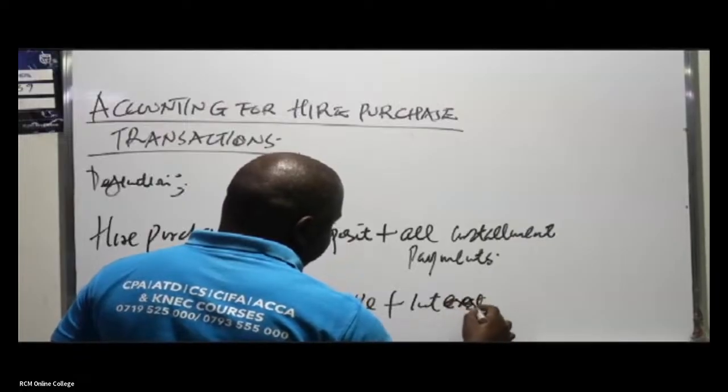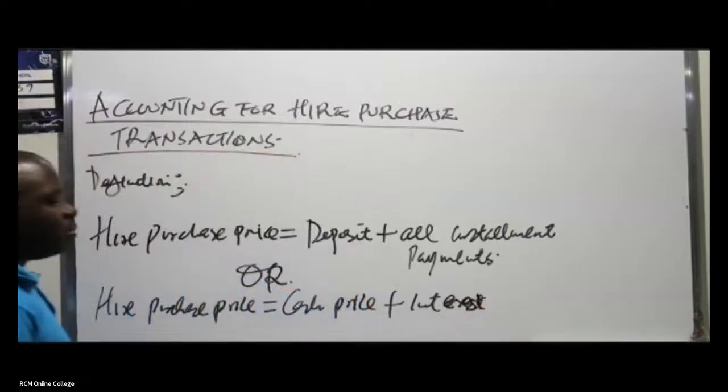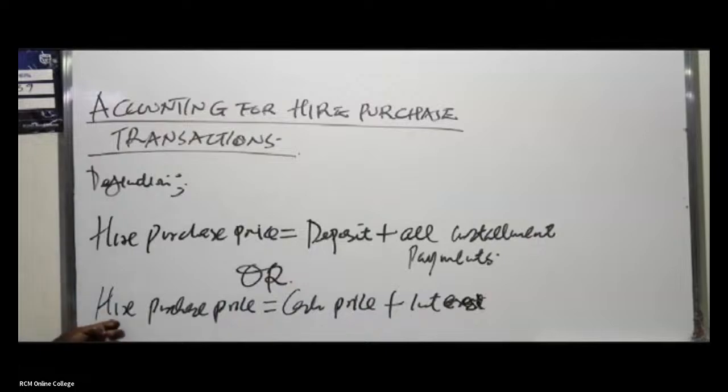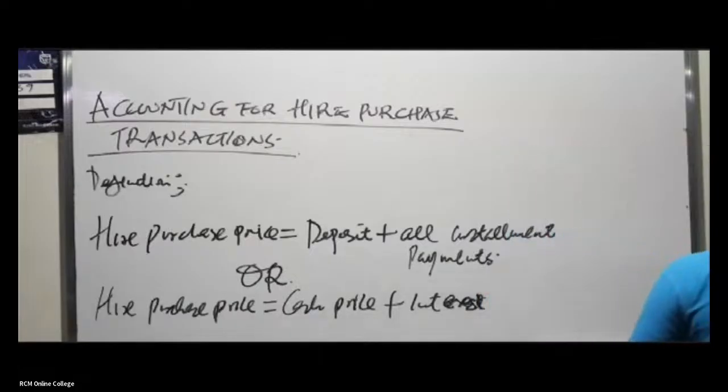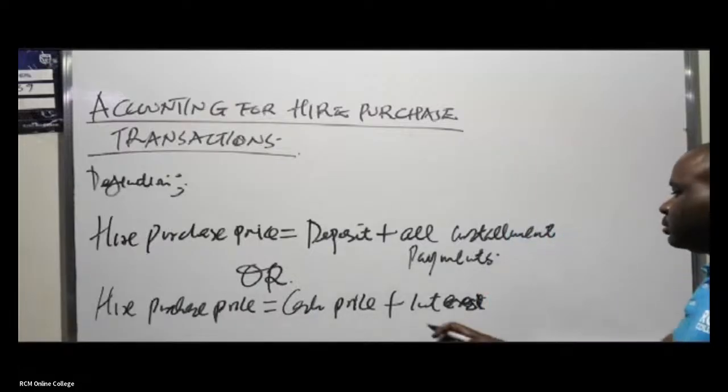So you'll realize that the hire purchase price is always higher than the cash price, because when you buy on cash basis, you pay immediately. But when you buy on hire purchase, it's like you've been lent money, and therefore there will be some kind of interest there.